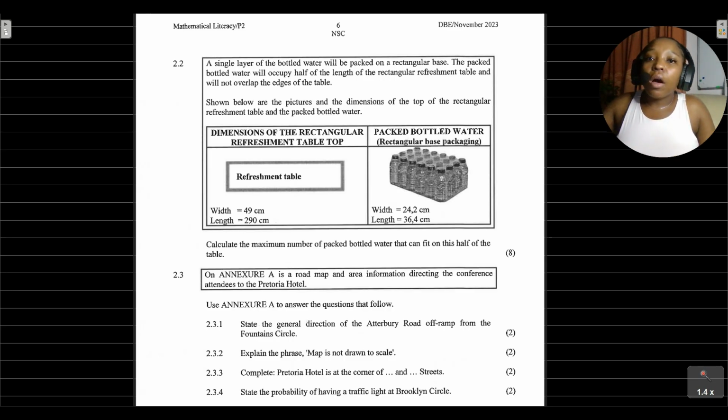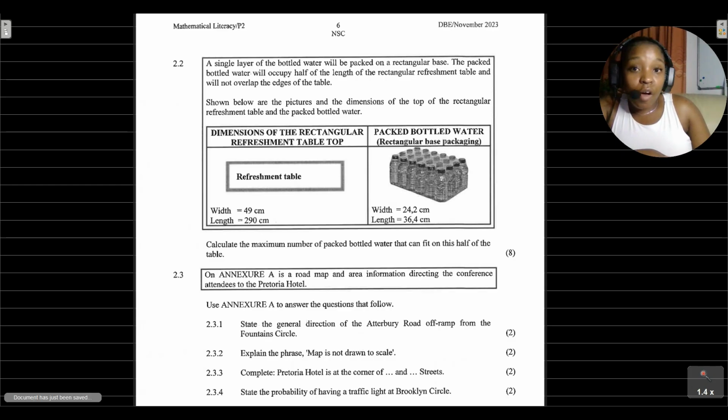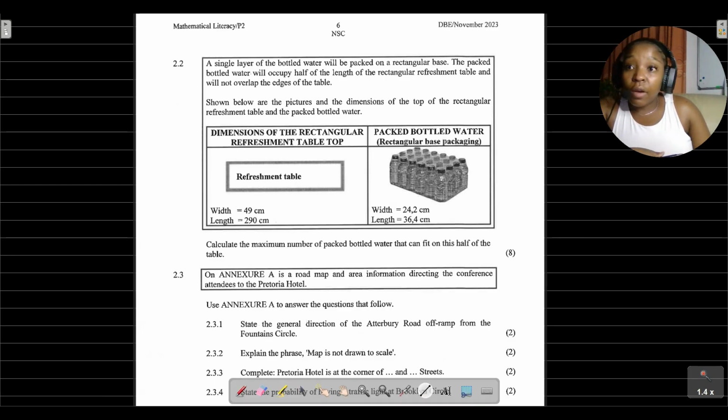A single layer of the bottled water will be packed on a rectangular base. The packed bottled water will occupy half of the length of the rectangular refreshment table. Very important here.